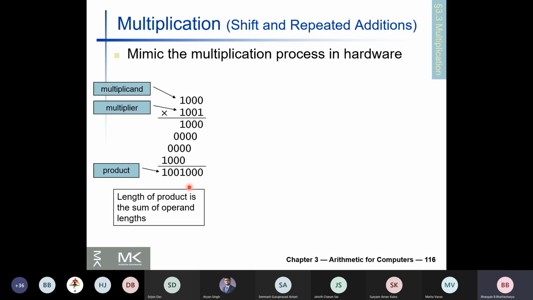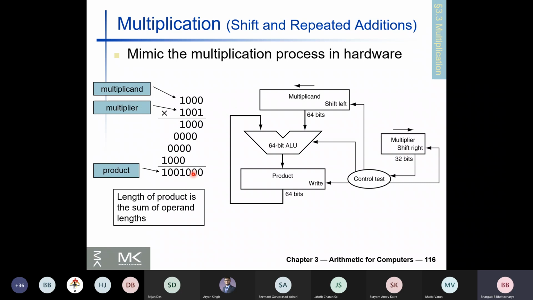So you can do that, right? If you are given a CPU, a register and a shift instruction, you can easily do that. So you don't need this array of AND gates and so on.